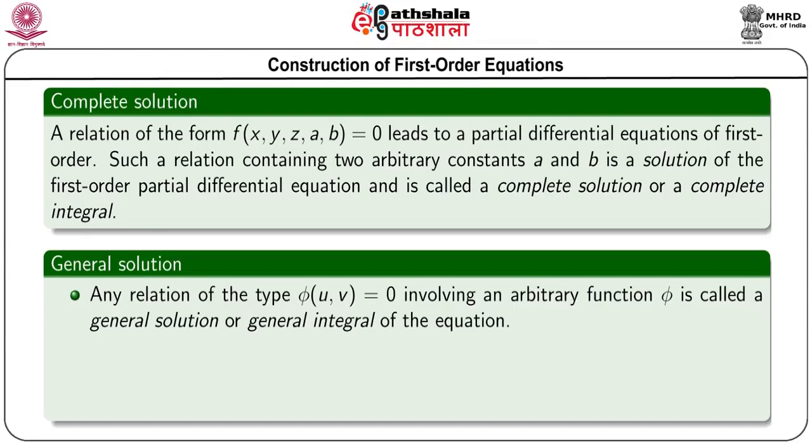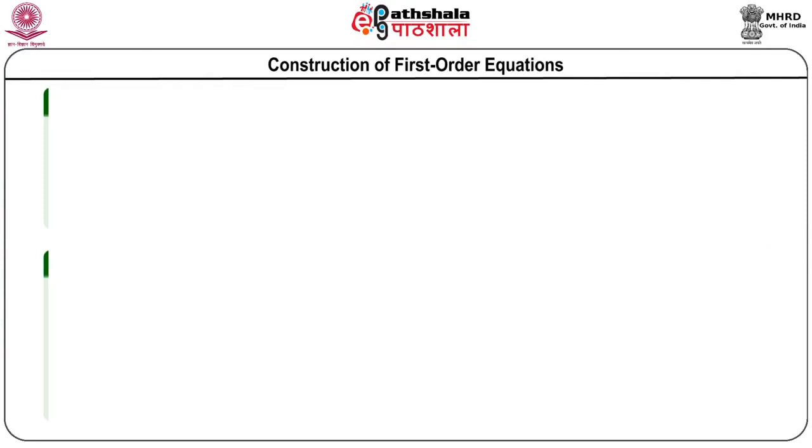or complete integral. We have also shown that by eliminating an arbitrary function phi(u, v) equals 0, we can get a first order differential equation. Therefore, a solution of the type phi(u, v) equals 0 is called a general solution of the given equation.